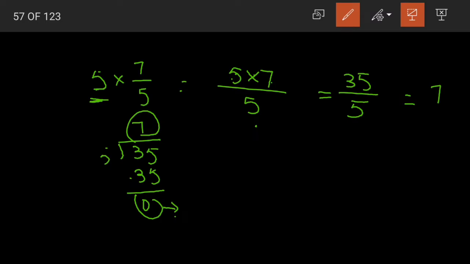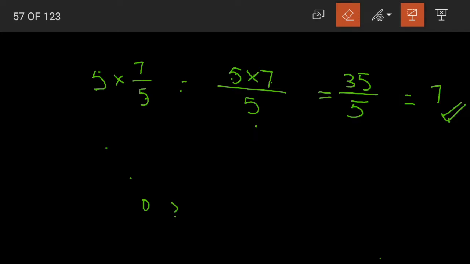5 into 7 by 5 is equal to 7, children. Understood? Now again, if you want to understand this more deeply, what did I say? When we have a whole number 5, it means that its denominator is 1. Now this whole number is also in the form of fraction 5 by 1.